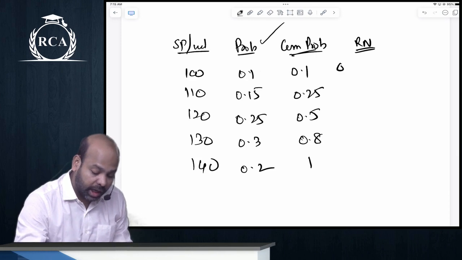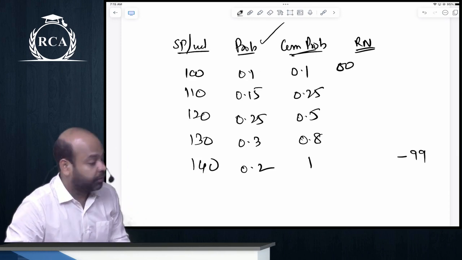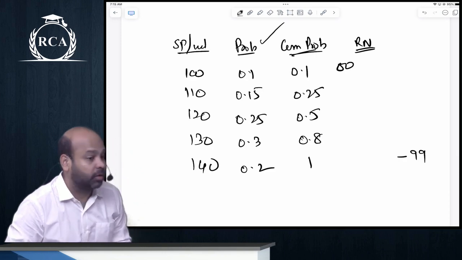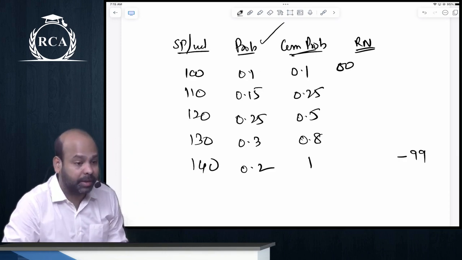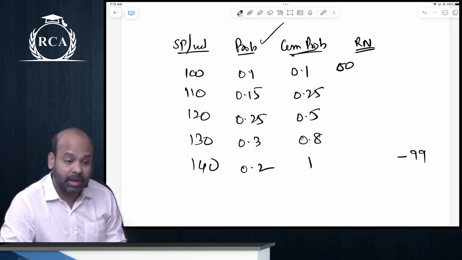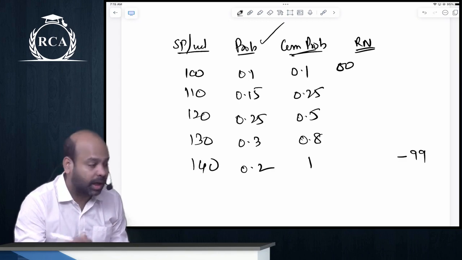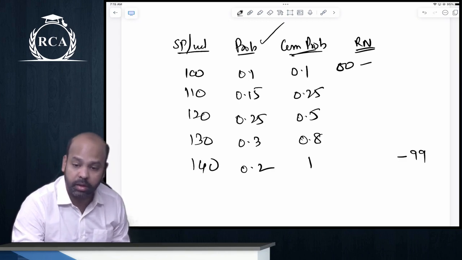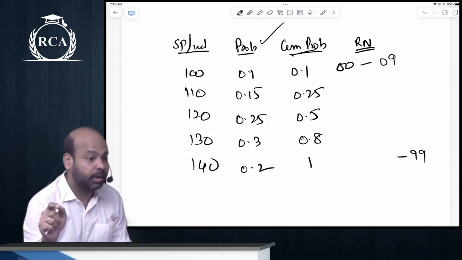Now, you have to start with 00 and end with 99, guys, and the probability of the first one is 0.1. How many random numbers are you supposed to assign? 0.1 means 10%. So how many random numbers should be allocated to the first one? 10 random numbers. Starting with 00, I should end with 09. 00 to 09 is you allocating 10 random numbers.